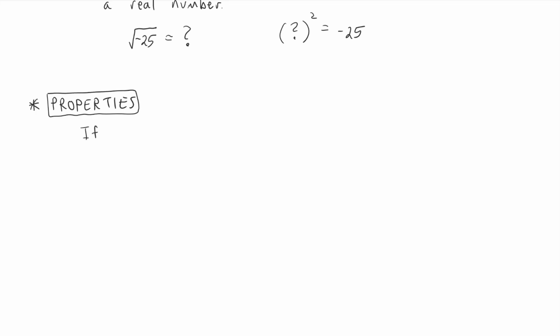So if A and B are positive, and you have the principal square root of A times B, one of our properties is you can go ahead and split that up.